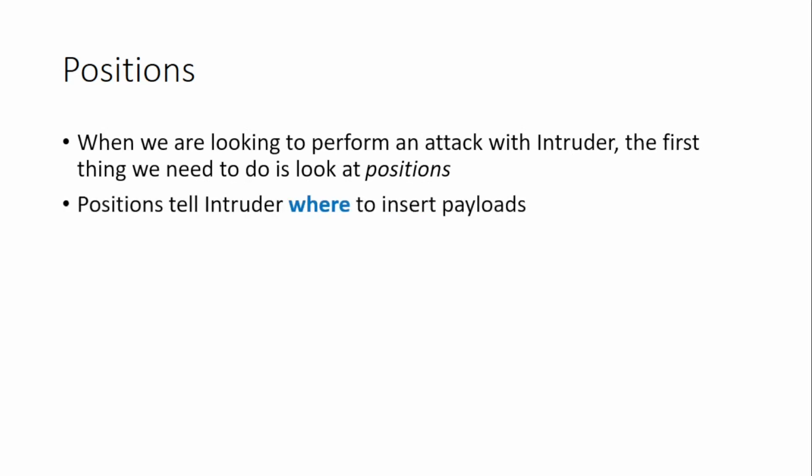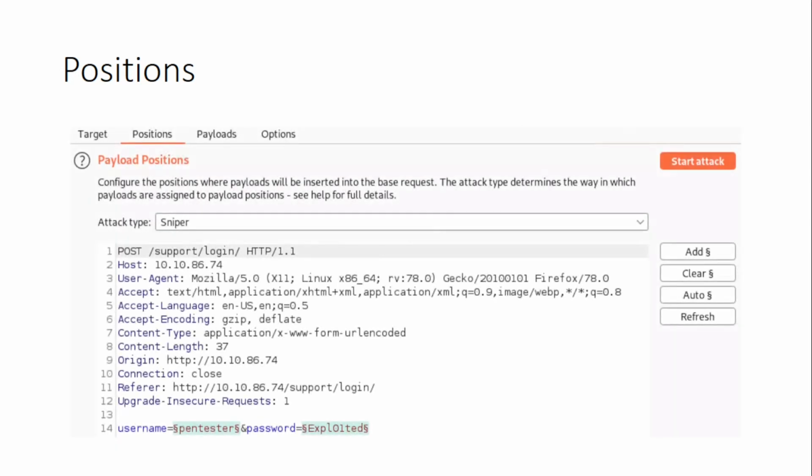And the positions are there to tell Intruder where to insert payloads. So if we look at the position tab here, what we can notice are these section-sign rows, these squiggly double S's, if you want.